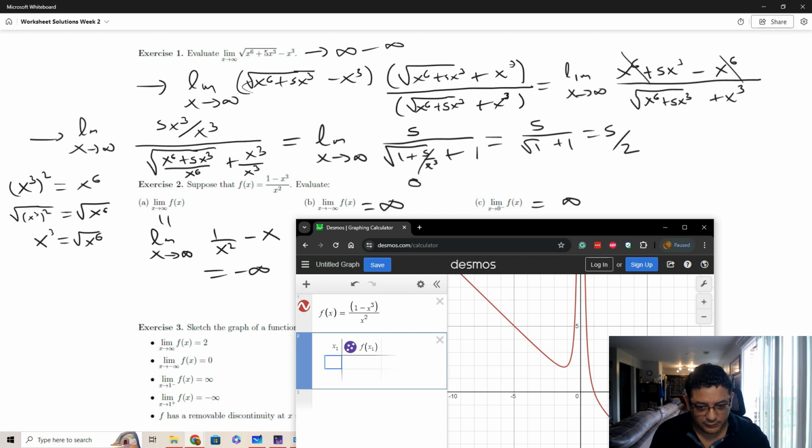So now let's use a value that is close to 0. Let's do 0.1. Notice that that's 0.99. But we need to use negative, so this one, minus 0.1, minus 0.01, minus 0.001.